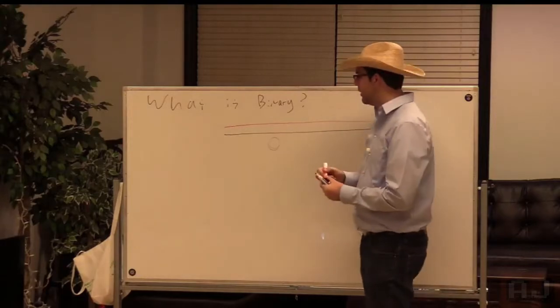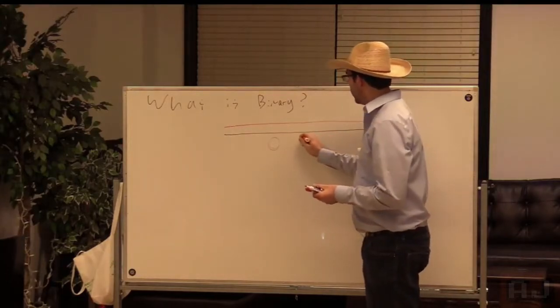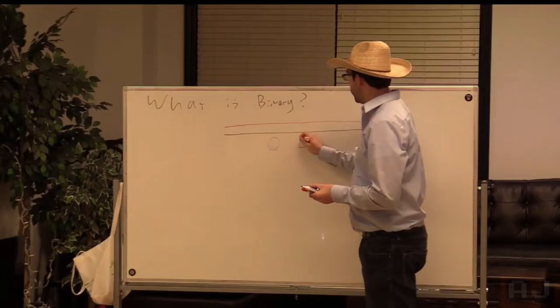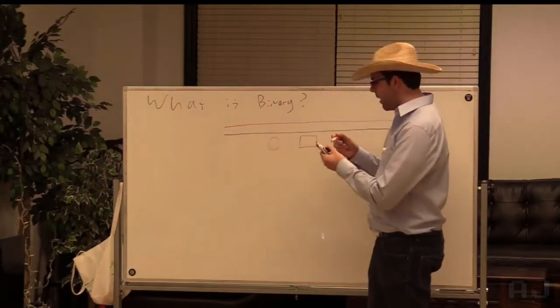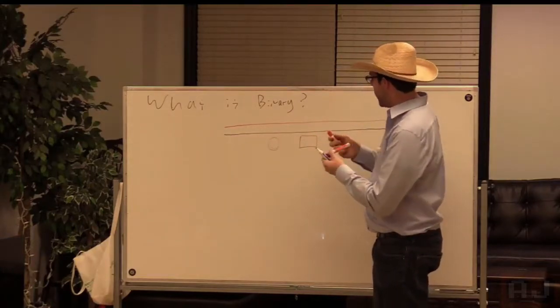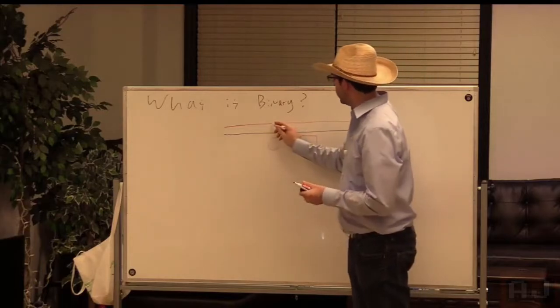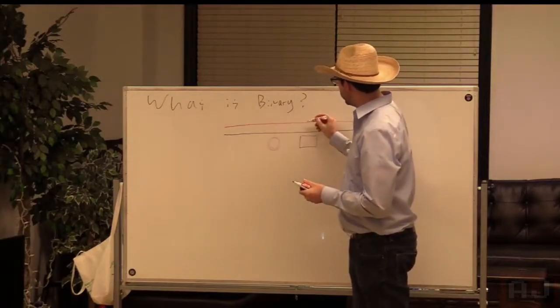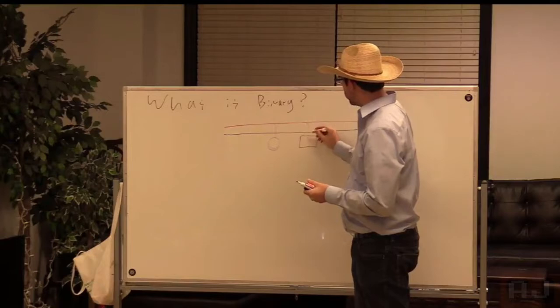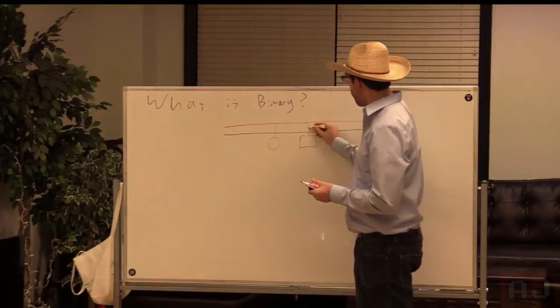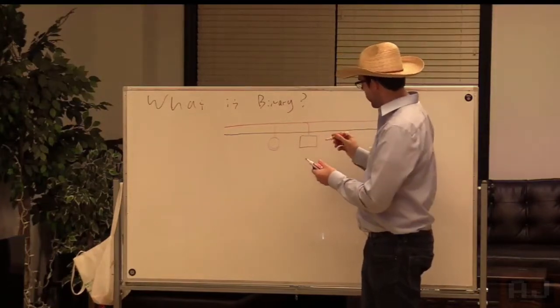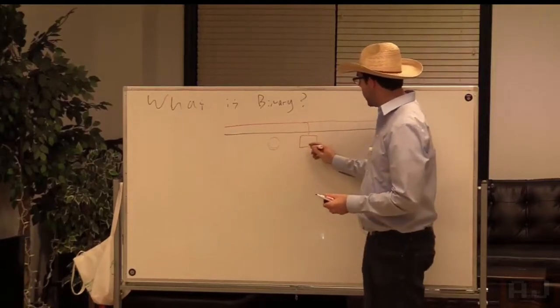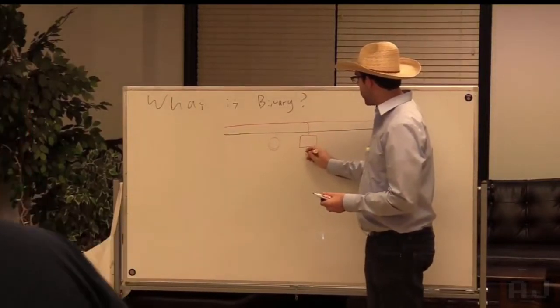Colors are hard. It's going to be orange, and it's going to be a square. So this is off by default, this is on by default. Power's always on, coming down to this little transistor. And then this one is always on, so it's got some power coming out of it.